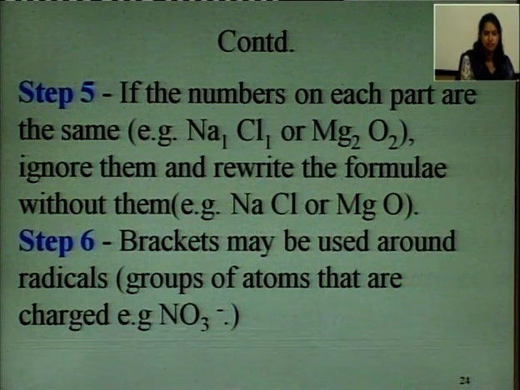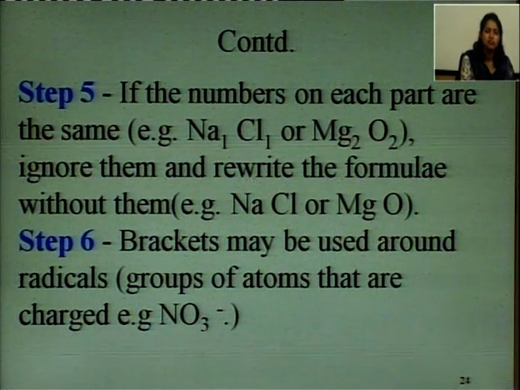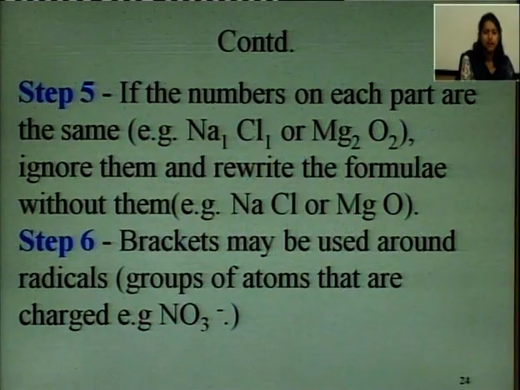The sixth step is that brackets may be used around the radicals. What are radicals? A radical is a group of atoms that is charged. For example, NO3-. In order to avoid any mistake, we keep these radicals, or groups of atoms having charge, in brackets, so that there is no confusion.